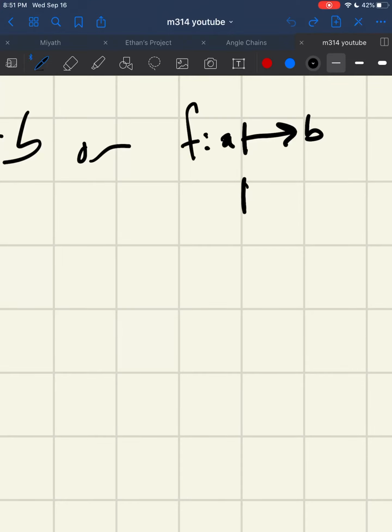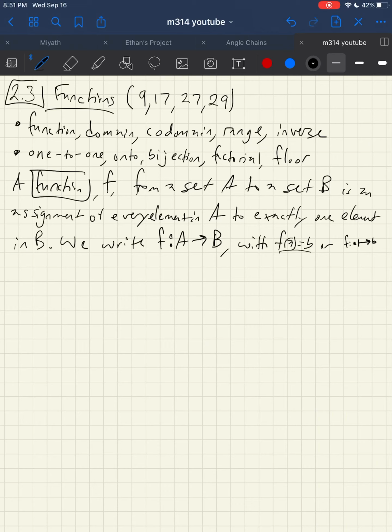This is the maps to symbol. So this and this are equivalent. You normally see f of a equals b. You've probably seen that before this class, but this is another equivalent notation. This just tells us what the function's sets are, and I want you to think of it like a prototype of a function in computer programming.